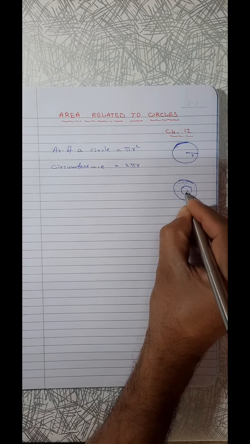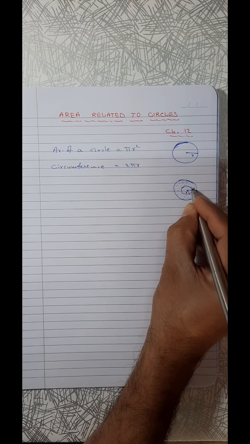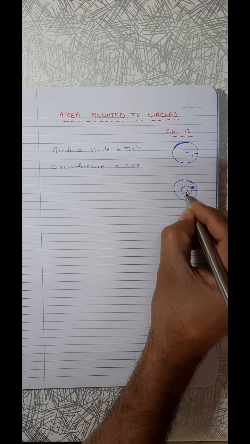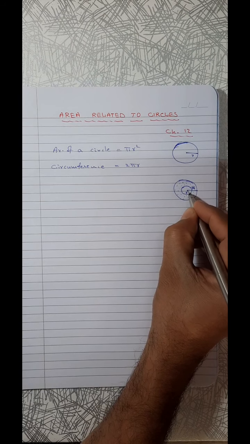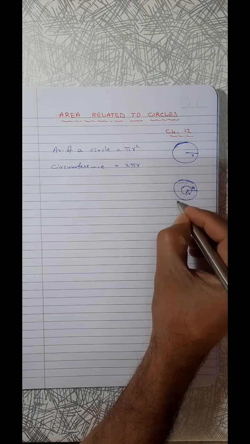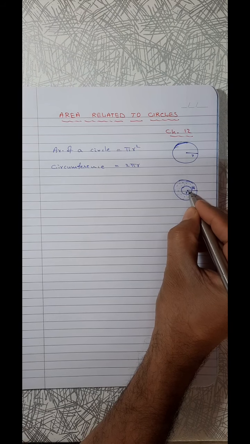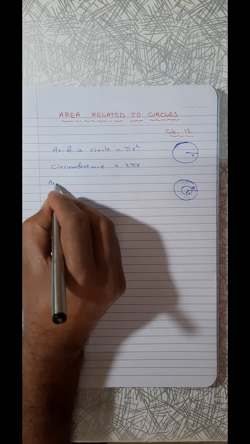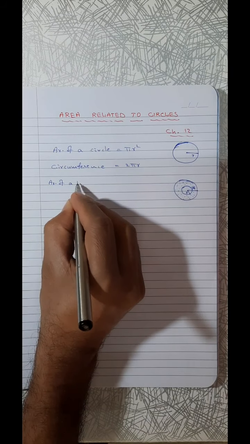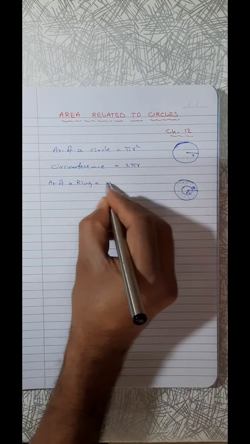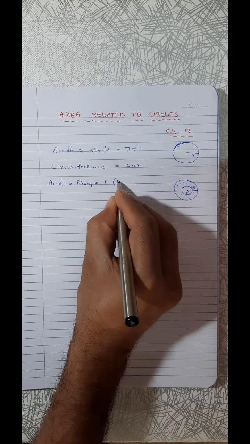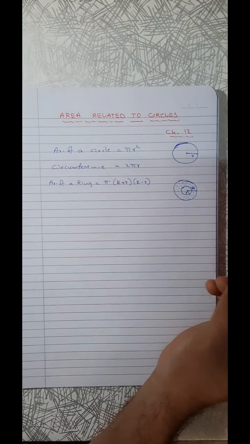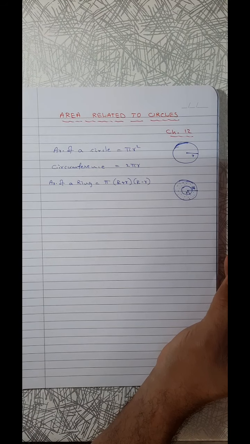Suppose small r is the radius of the inner circle, and for the outer circle the radius is capital R. Then area of a ring equals pi into R plus r into R minus r.